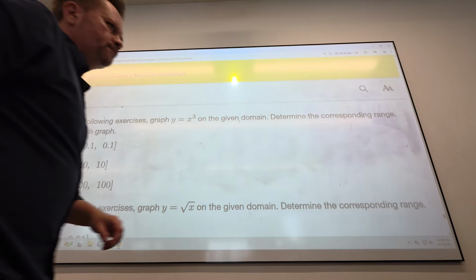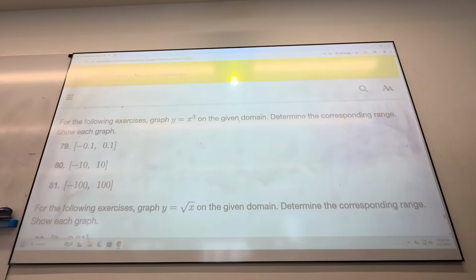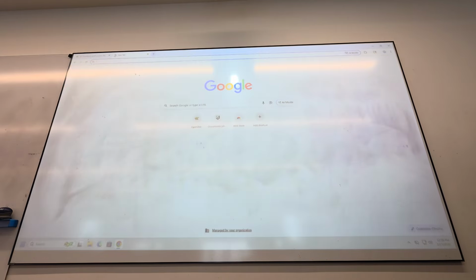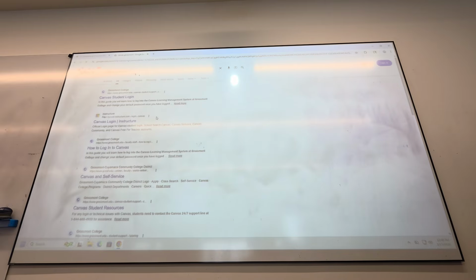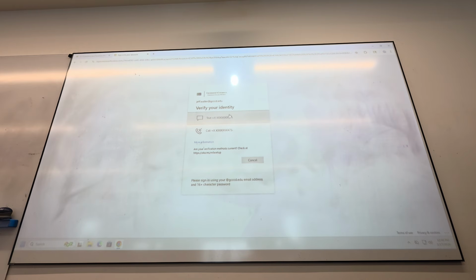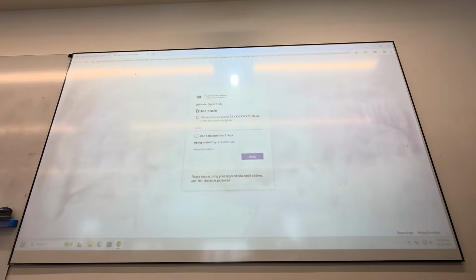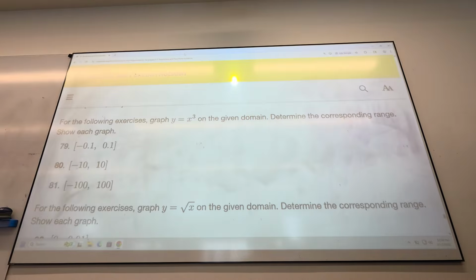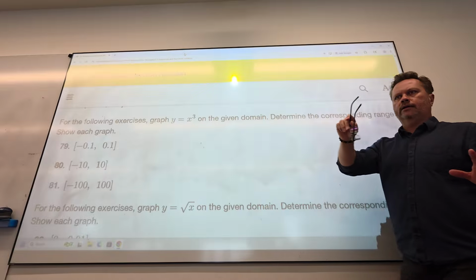All right, let me do two things. I want to remind you that in the Canvas shell, there is a TI calculator guide.